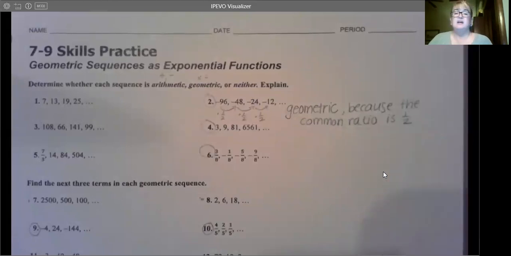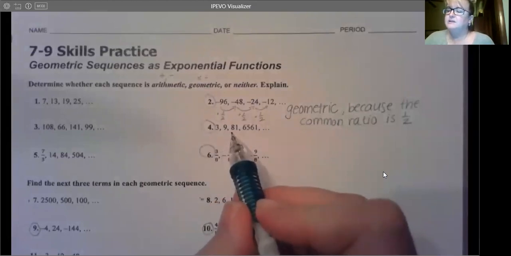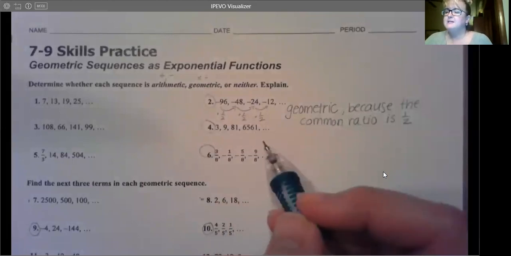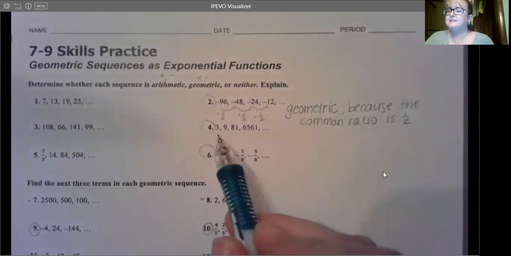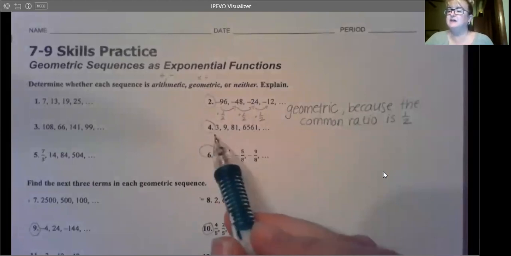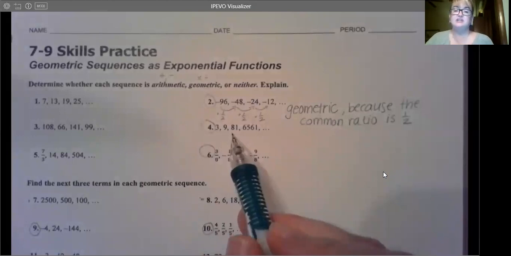Okay, let's look at 4. 4 goes from 3 to 9 to 81 to 6,561. So let's see, we're not adding, we're getting bigger. So we're not adding by the same thing, because this is 3, then 6, this is plus 6, this is plus 72.